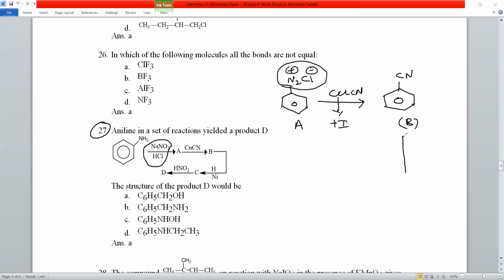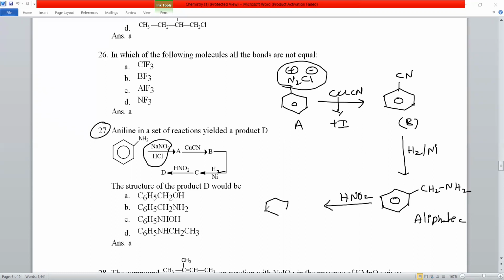Product B, they have treated with hydrogen in presence of nickel, catalytic hydrogenation. Cyanide on catalytic hydrogenation will give an amine, CH2NH2. So this is an aliphatic amine, right, student? Again, they are doing diazotization. Aliphatic amines on diazotization give unstable diazonium chloride salt. Immediately, what will happen means we'll get an alcohol.